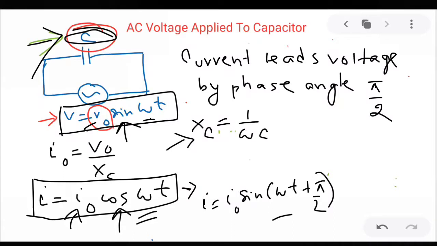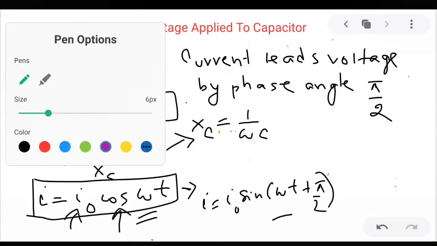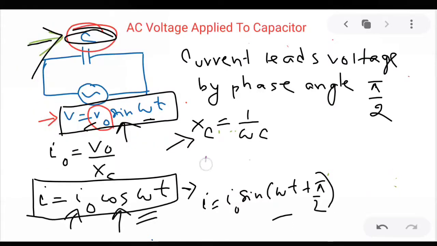Now, what happens for DC? For DC, what is the value of omega? Omega is 0. For DC, the angular frequency is 0. So since the angular frequency is 0, what will be the value of Xc? Xc will be equal to infinity.